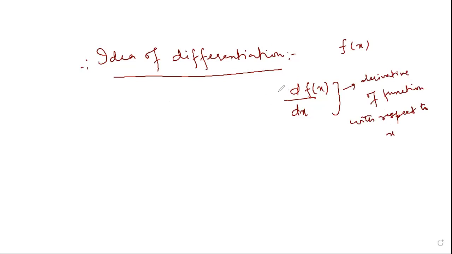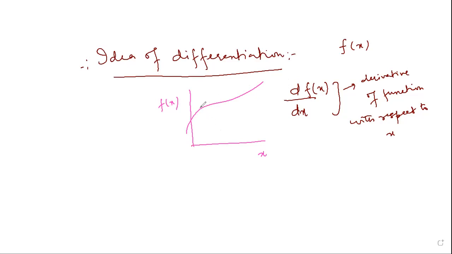And what is it geometrically? You also know. So if this is x and it is f of x, and graphically, for example, this is my f of x, this curve represents my function, for example.